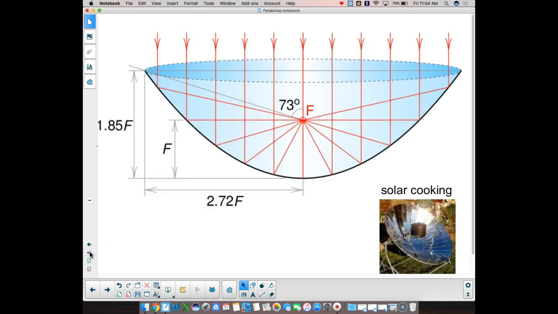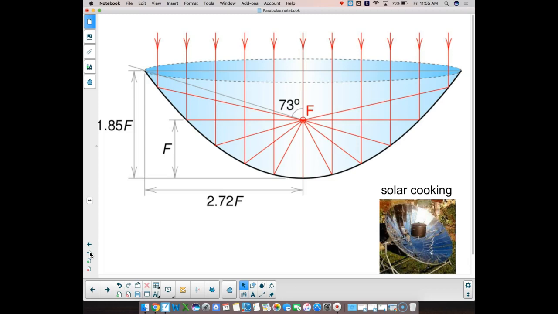So, real-world examples of parabolas. If you've ever seen a solar cooking pot, in the last class they told me apparently you did that at the school forest at some point if you came through the Wausau School District. With the solar cooking pot, you put the pot at the focus of your parabola.